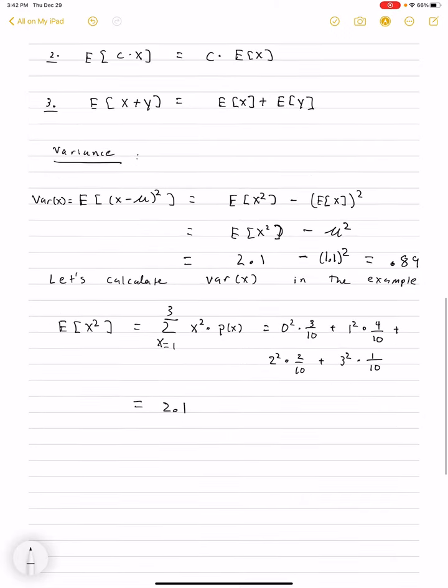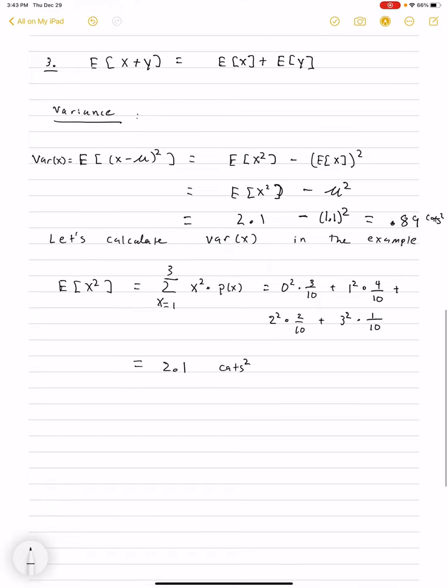Now, one thing that we should notice is that in the calculation of e of x squared, 0 squared represents 0 squared cats, 1 squared is 1 squared cats, 2 squared is 2 squared cats. So what I'm getting at here is that the unit is cats squared. That isn't that pleasing because I haven't seen too many square cats.